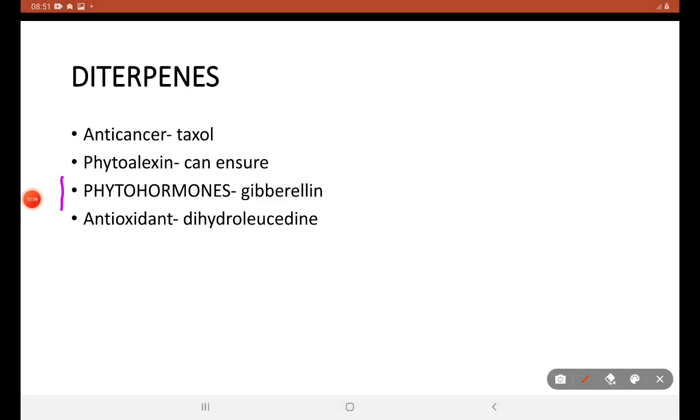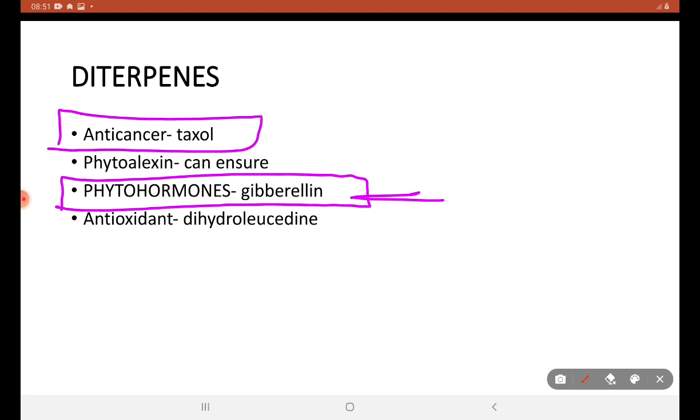Diterpene, we know all this. Diterpene phytohormone is gibberellin. Anti-cancer is taxol. Antibiotic is pentalenolactone.